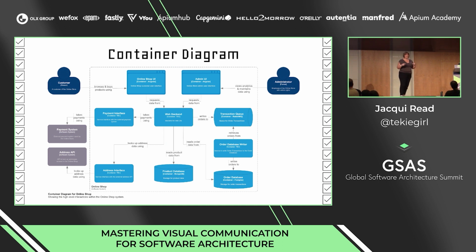So this is one level down, and the blue system, the dark blue one from that one, is now this dotted line. It's got the same label down here, but it just means that we've now got that separation of the different levels. And so on this one, this is where we got the transaction queue and the databases and things like that. And so it makes a lot more sense when we look at it.